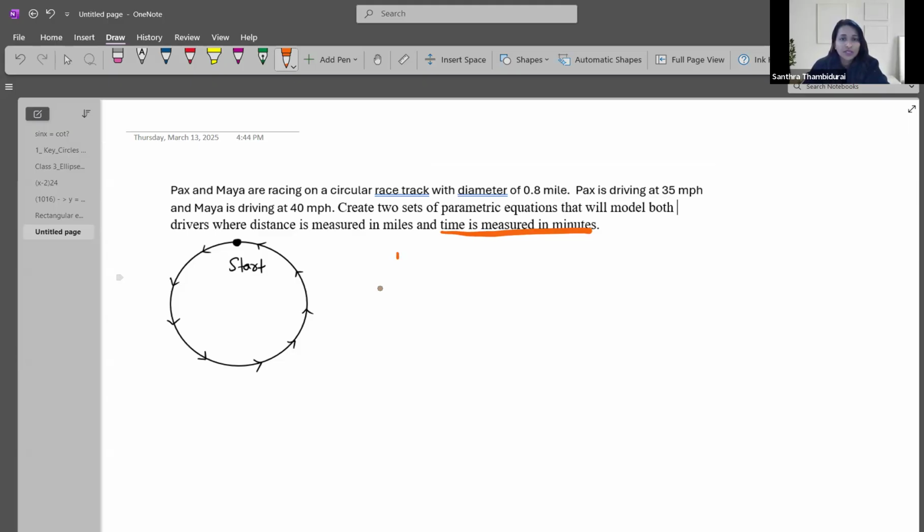So I'm going to first talk about Pax. Pax is driving at 35 miles per hour, and in order to convert it to miles per minute, let's use dimensional analysis. You know there's 60 minutes in 1 hour, so I'm going to use dimensional analysis here to get rid of our hour.